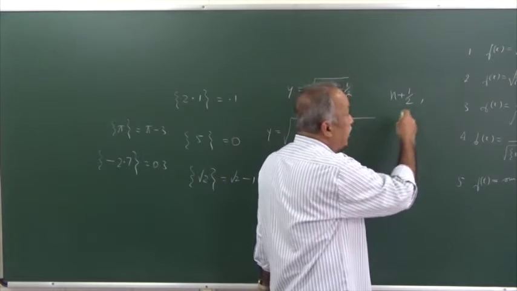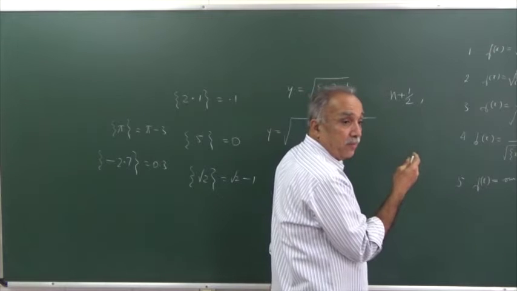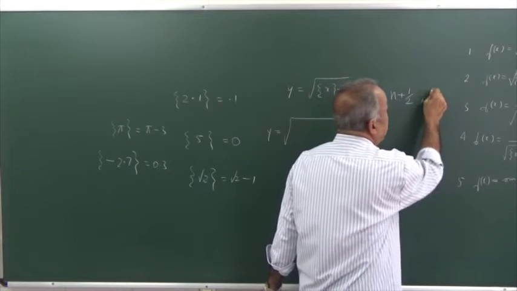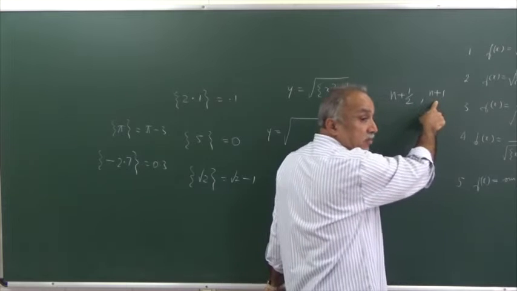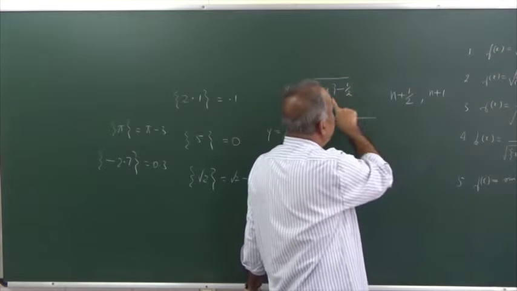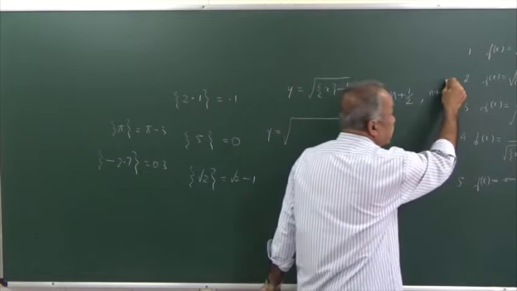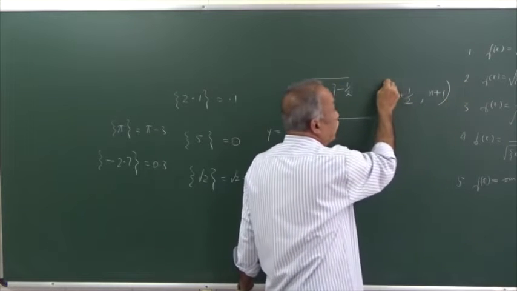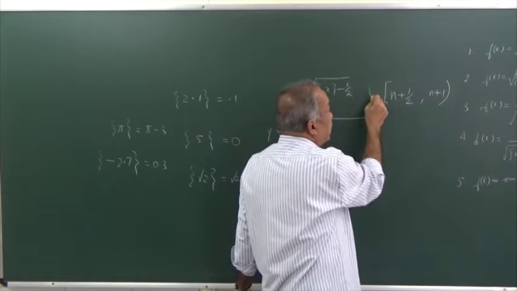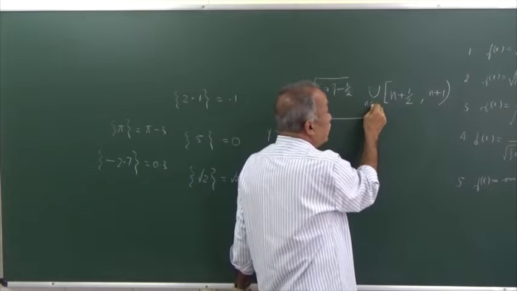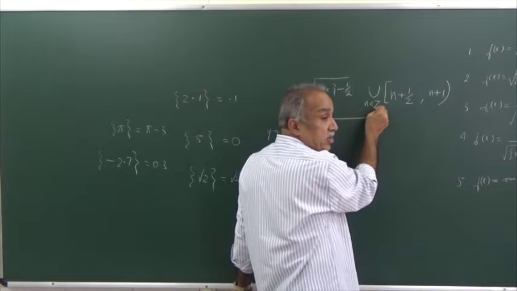Starting from here, up to what point can we go? Next integer, n plus 1. But for this number, fractional part will be 0. Difference turns out to be a negative number. Root will not be meaningful. So this is to be excluded, this included. Take the union, infinite union, as n ranges over the set of all integers.